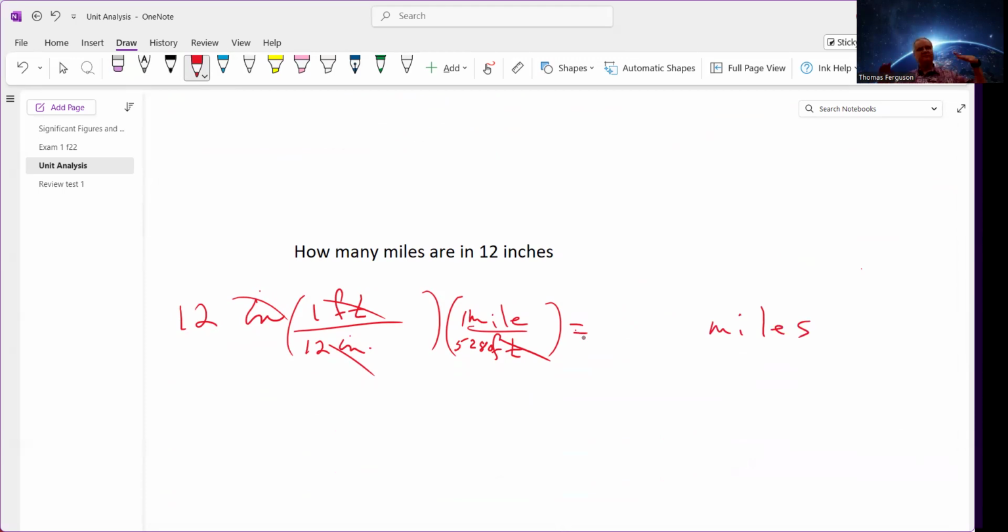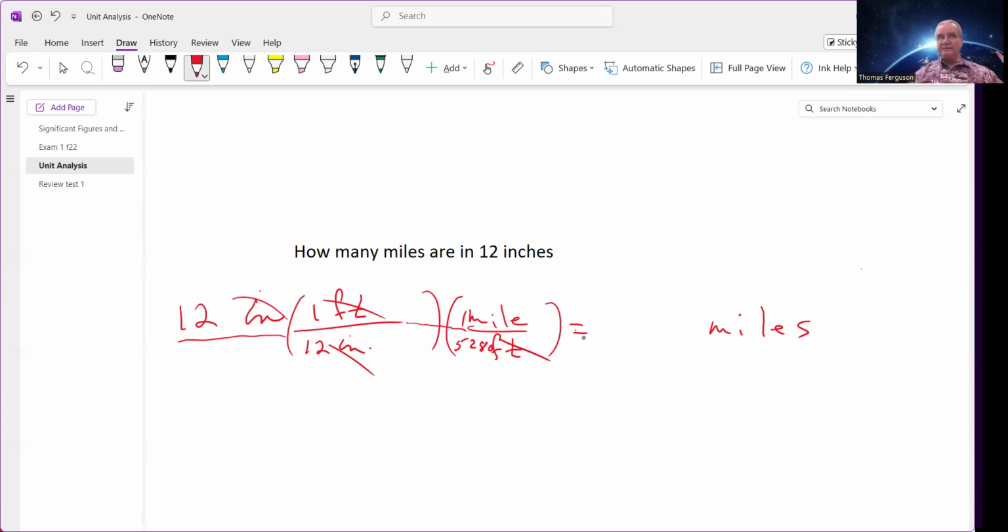Now, I want you to think of the fraction bar as continuing all the way across here. You have one giant fraction. We have some things on the top, things on the bottom. Things on the top are being multiplied, things on the bottom are being divided. And that means every time there's something on the bottom, you hit the divide key, even though these are being multiplied, 12 times 5280.